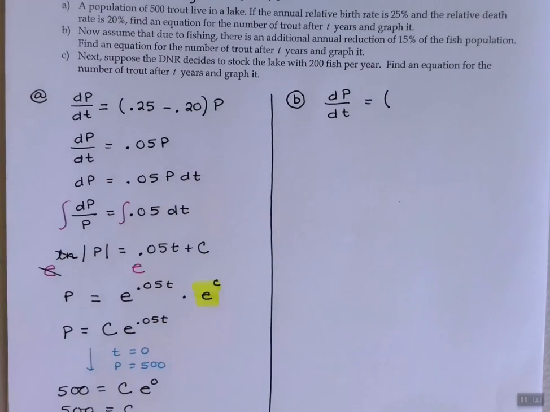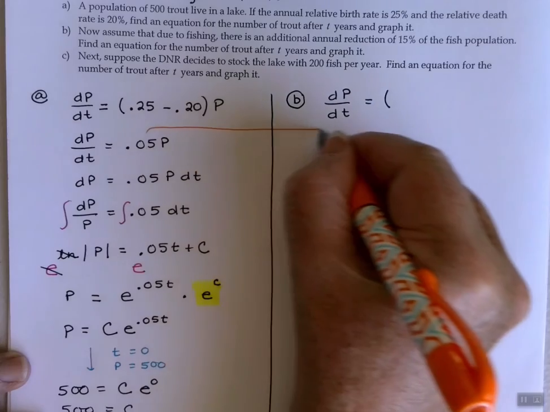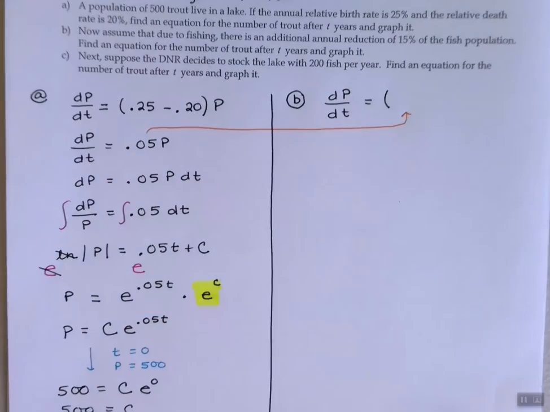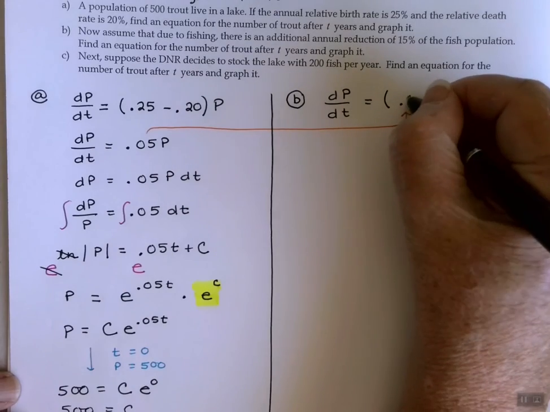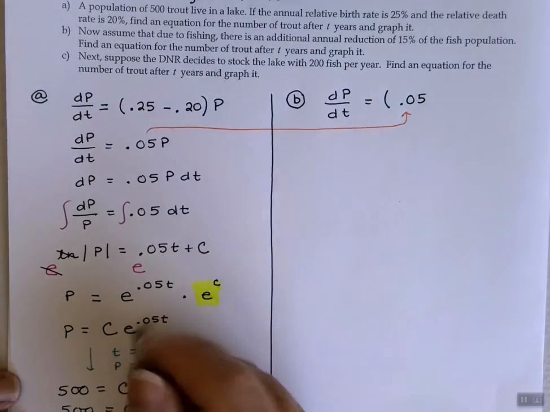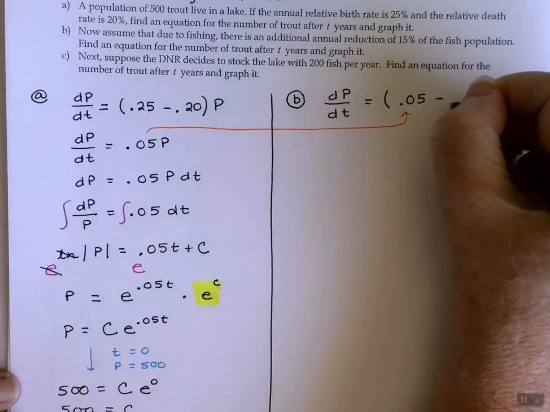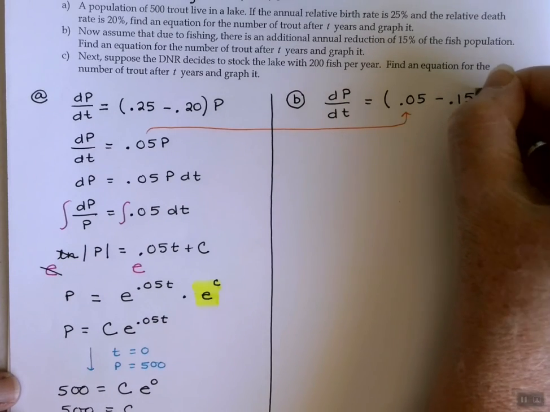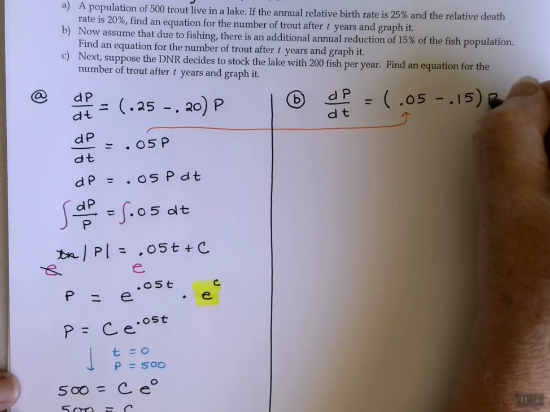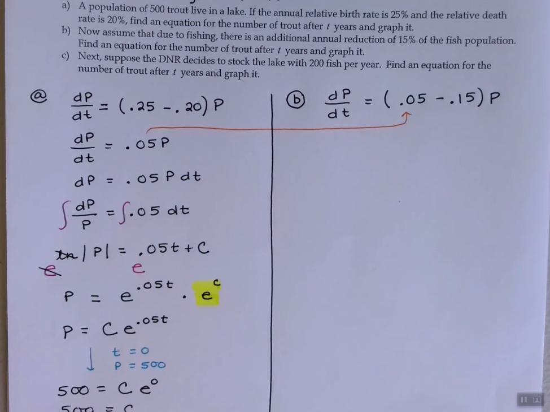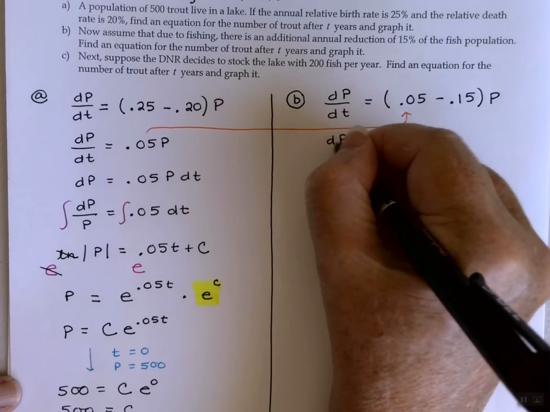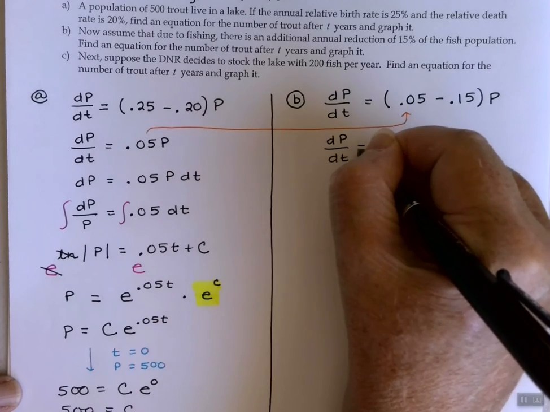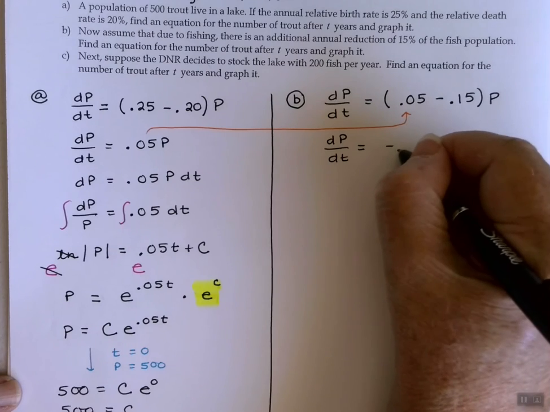We already knew the 5% based on the birth and death rates. But we're additionally going to reduce by 15%, 0.15, of or times the population of fish. So this time dp dt is going to be a negative 0.1p.